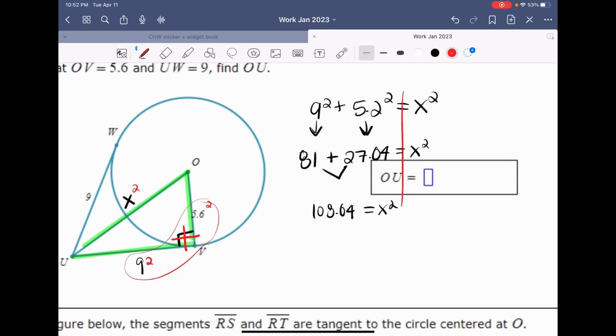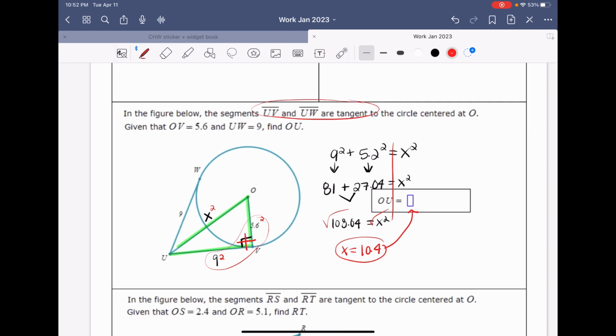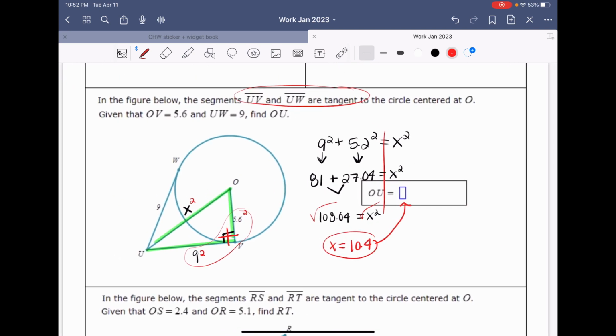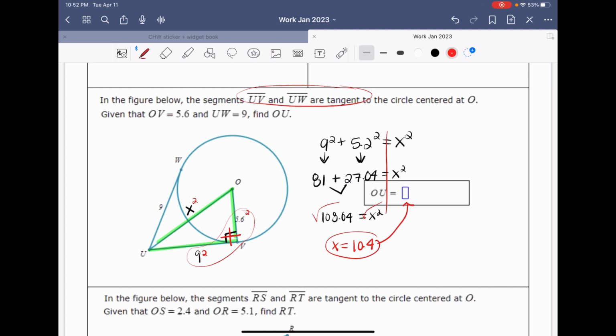And then at the end, square root. So I got x equals 10.39, which I guess is 10.4. That's what I would probably plug into the answer. Alex didn't say what to round to, but because they rounded to 1 decimal place, I'm also going to copy them, and that's probably right.